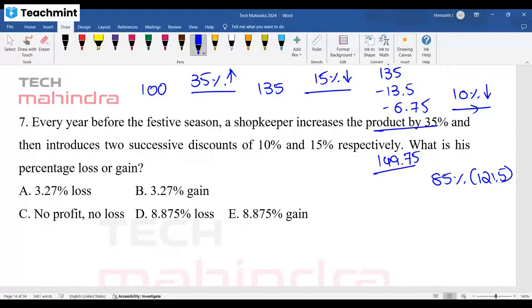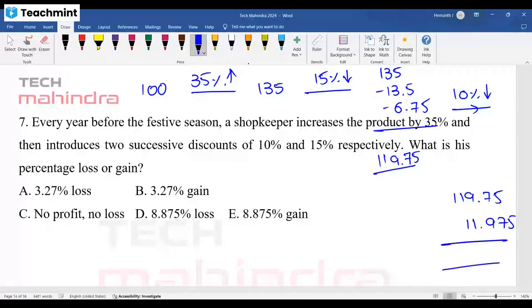For the 10% discount from 119.75, 11.975 should be removed. So it should be a gain. I think it's 8.875% gain.